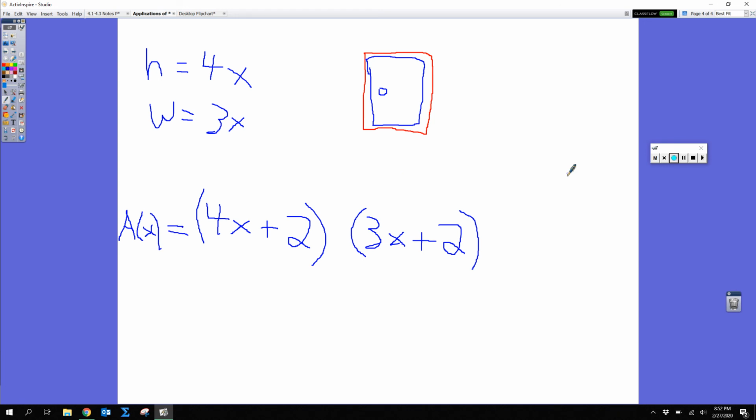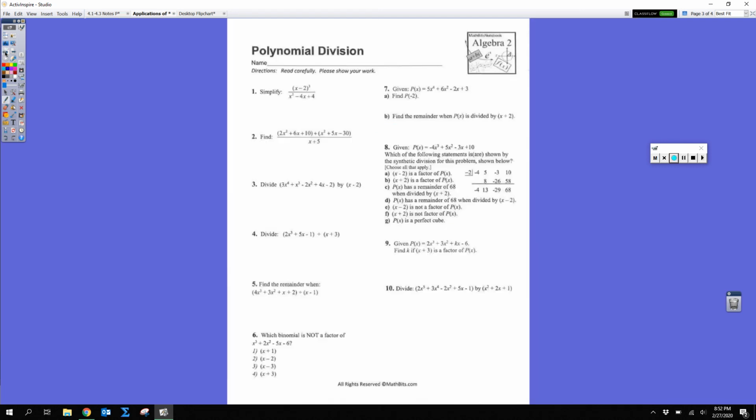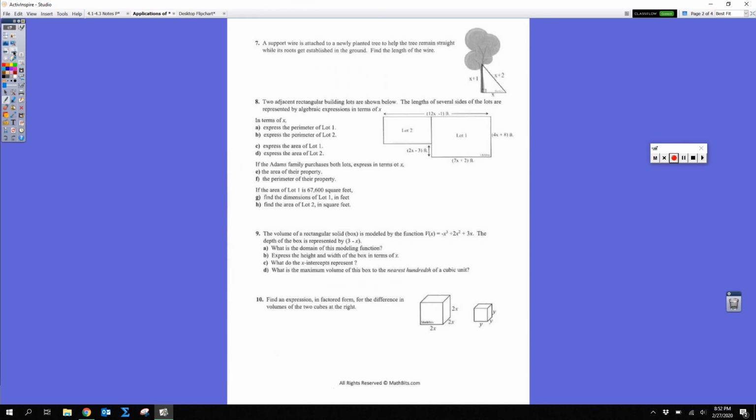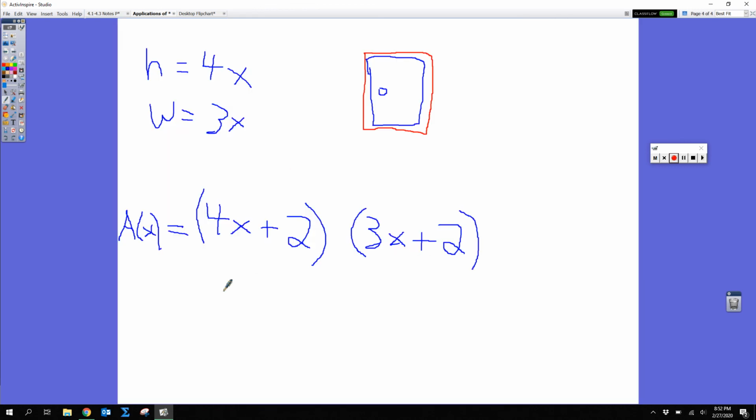And then it says to go ahead and simplify it. Let me double check it with you. Simplify the expression. So really what I want you to do is just expand it out, multiply it out, and then combine like terms. So you can write that A of x once again, distribute and do all your stuff.